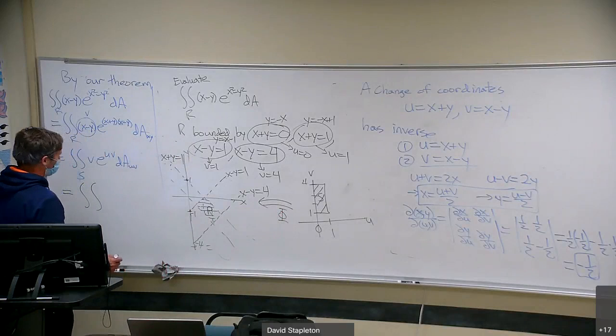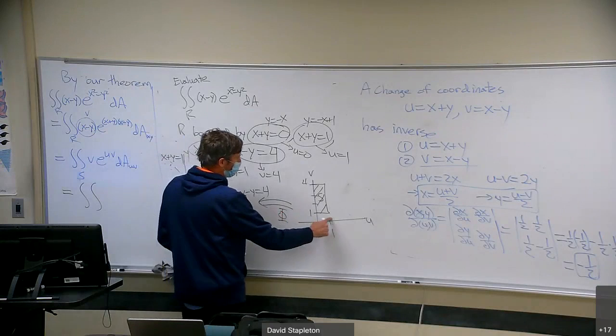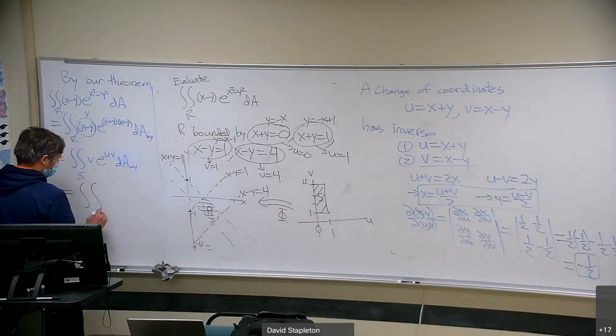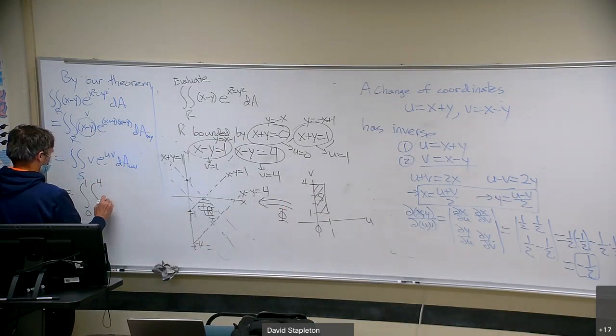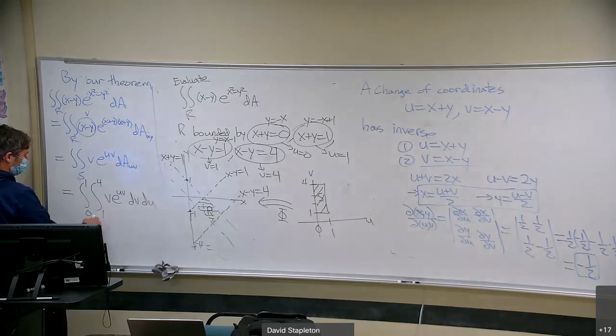And so now we have to integrate over S. All we have to do is let u go from 0 to 1 and v go from 1 to 4, because it's constant. It's vertical and parallel lines there. And I'll take v e to the u dv on the inside, du on the outside, since I put the limits for v here.